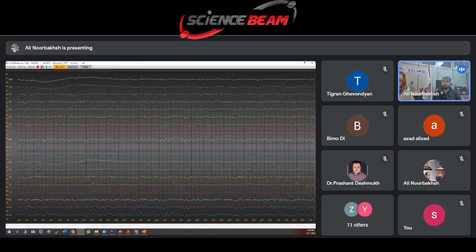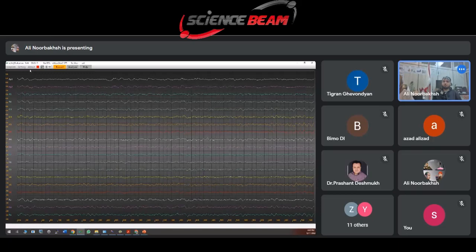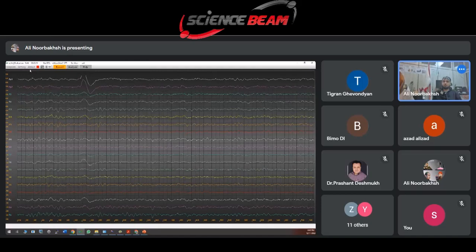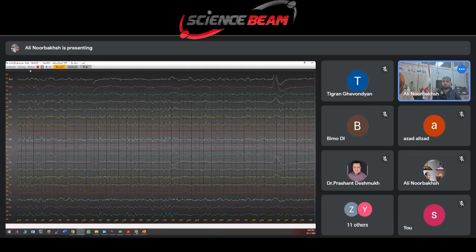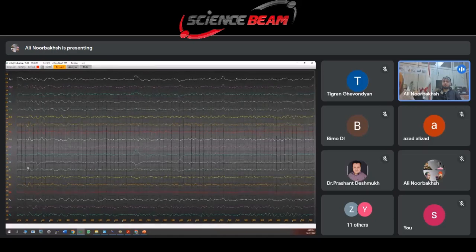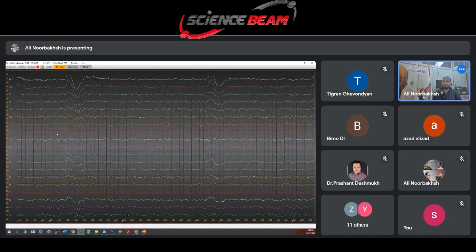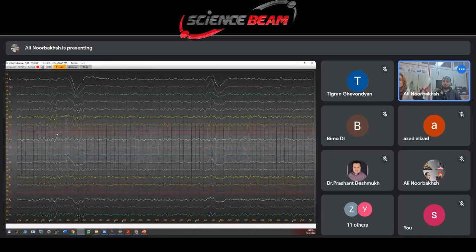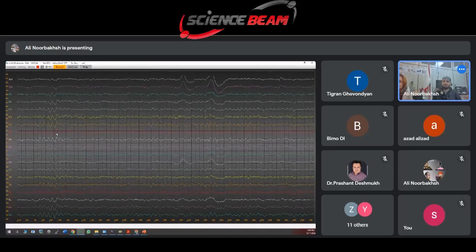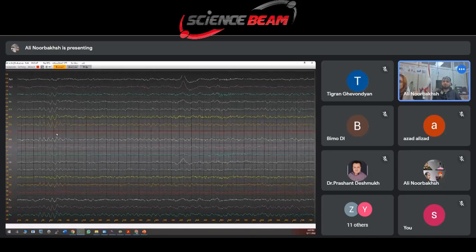We can see time of the record on top of the page. Again, eye movement on F7 and F8. There are eye blink on this point, and FP1 and FP2 again.